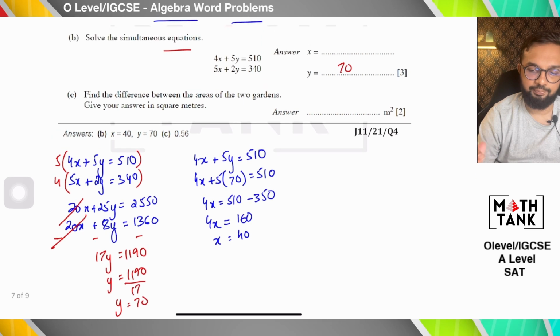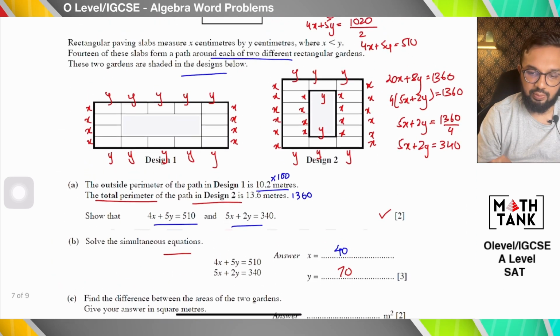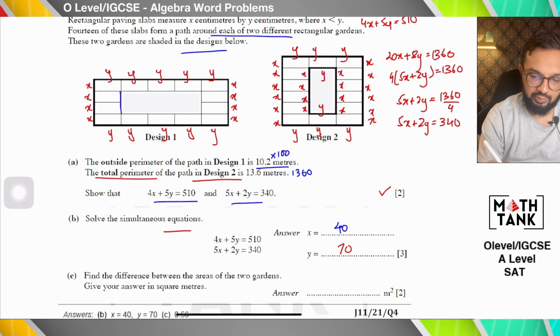But find the difference between the areas of the two gardens. Okay, so areas of the two gardens, I will have to calculate this garden and that garden separately.